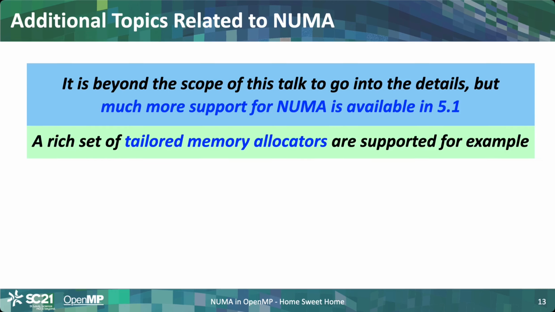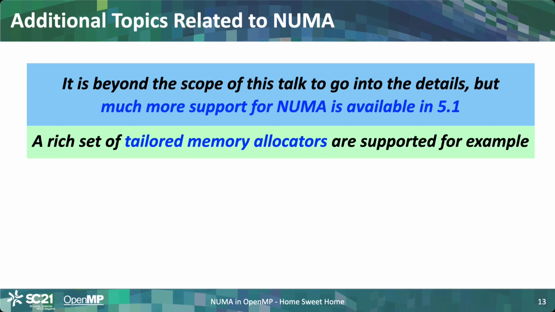And one thing, but again, there are many more, but one thing I want to call out is there are tailored memory allocators. So you can tune the memory allocation to the needs of the application and what's available in the hardware. For example, you can tell the system, please give me a memory block on a device that has very high bandwidth. Okay.